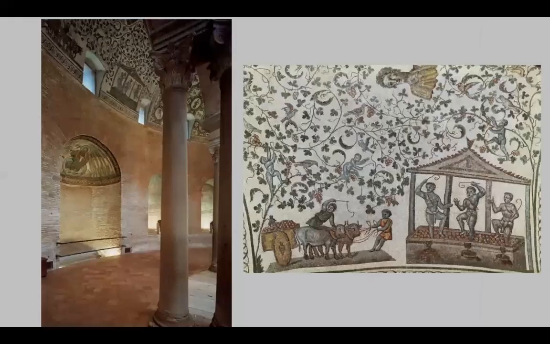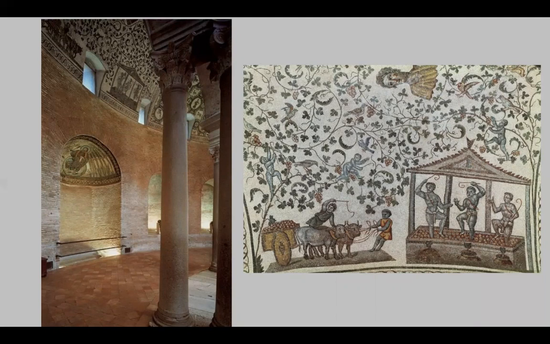On the inside of this mausoleum, it has a beautiful mosaic ceiling. And the mosaic ceiling has a portrait bust of her floating in it. It has scenes of an orchard and harvesting of grapes.